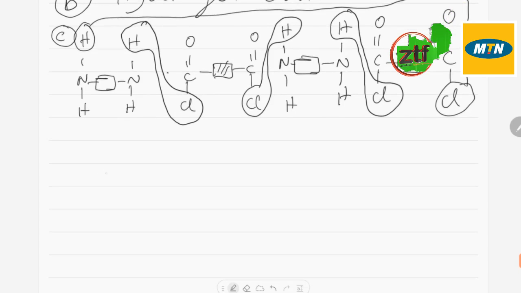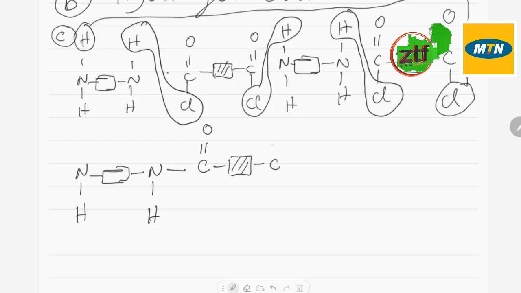So we're going to have this. Remember, the hydrogen has been eliminated. We remain with NH there. Here we're going to have NH. The hydrogen has also been eliminated. We're going to have C double bond to O, to another unit.